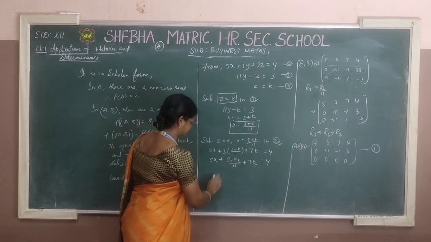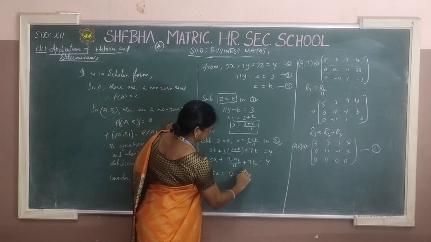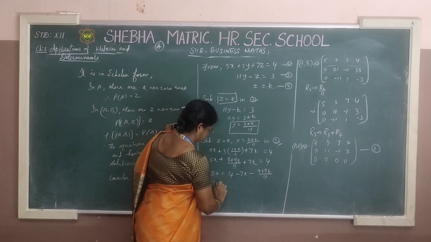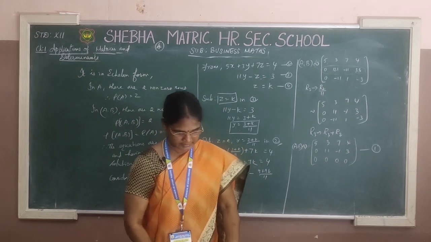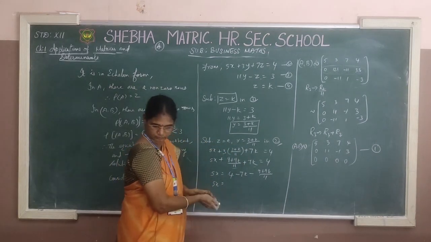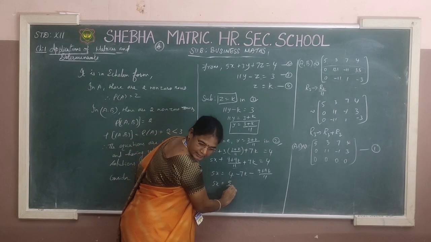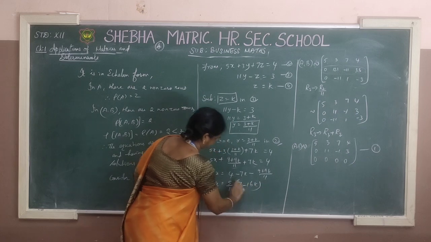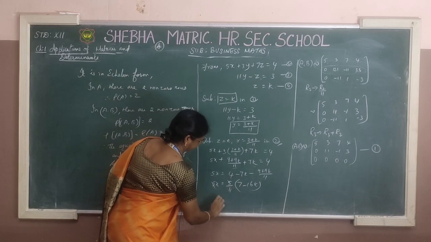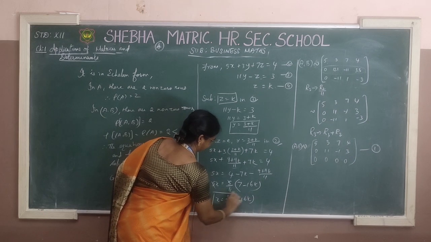Take these two terms to the right hand side, we get 5x equal to 4 minus 7k minus 9 plus 9k divided by 11. After some calculation, we get x equal to 5 by 11 into 7 minus 16k. Strike these two 5's, we get x equal to 1 by 11 into 7 minus 16k. This is our x value.